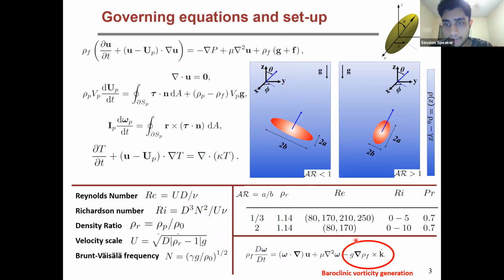And one more important term to note is the baroclinic vorticity generation term, which comes in the vorticity equation because of the misalignment of equal density lines with the z direction.